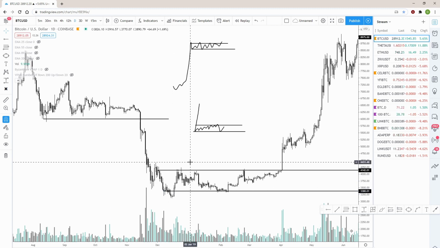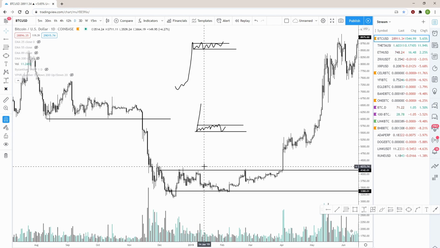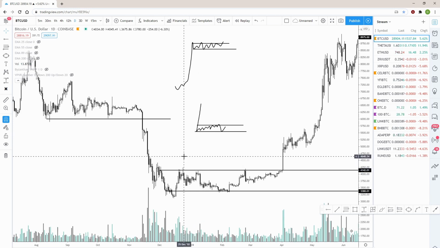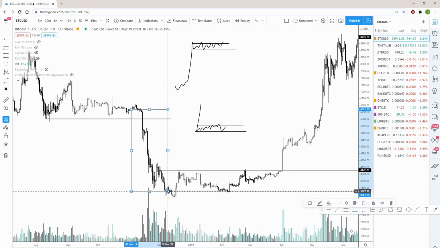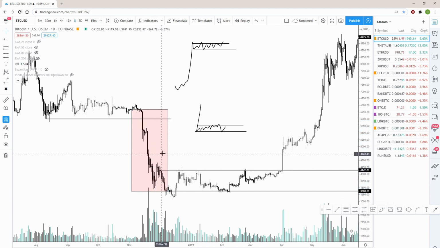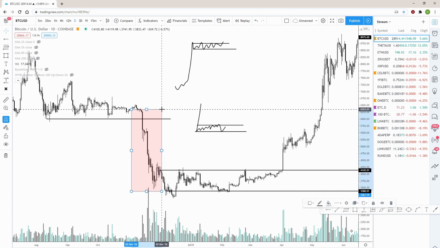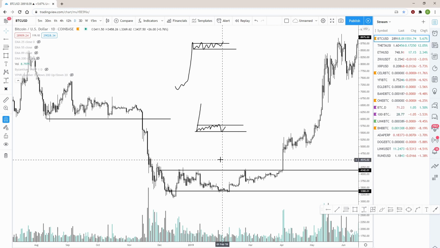Sometimes you will find some levels will be respected and some will not. But it's important to understand the context that you are charting the range. So for instance, because this came after a big move down, it's more likely than not that this big range is probably going to be accumulation. And I do have a video on accumulation, so you can check that out. I'm not going to talk about that here now.